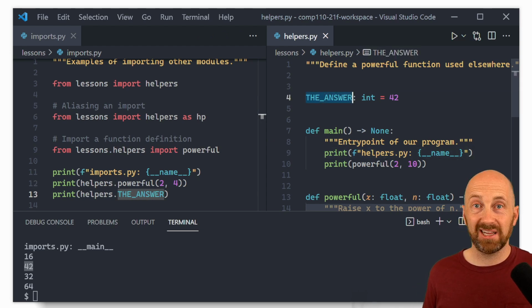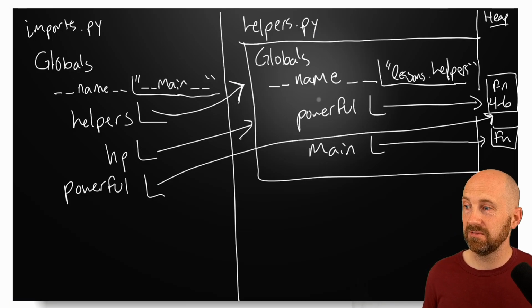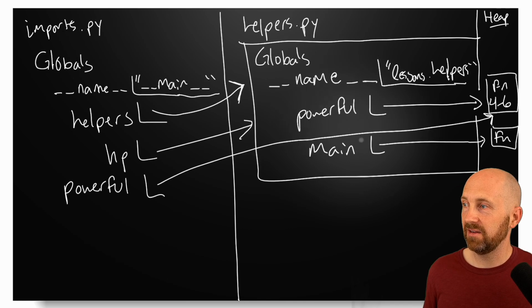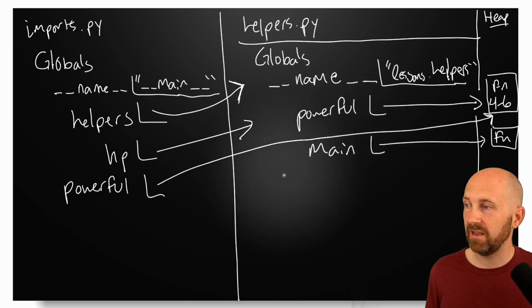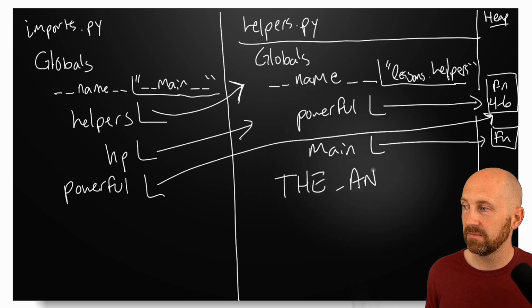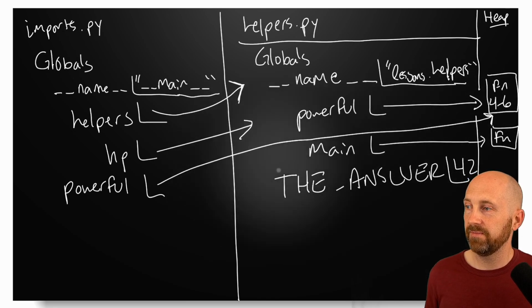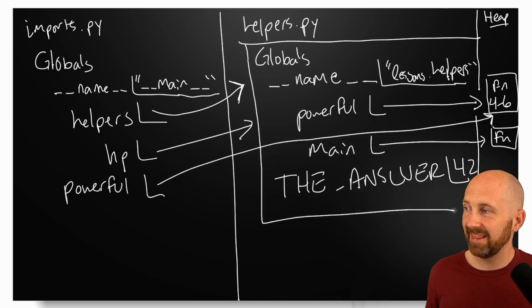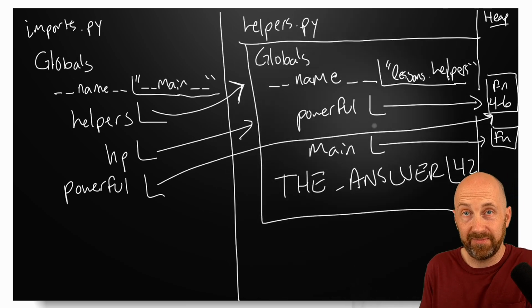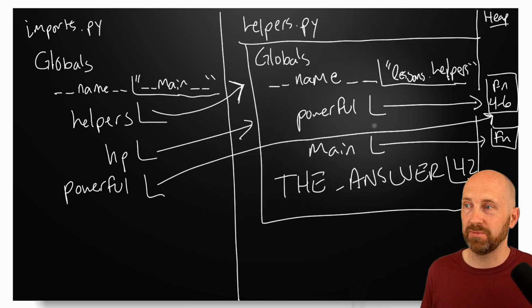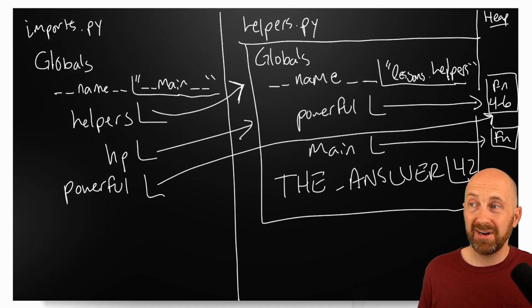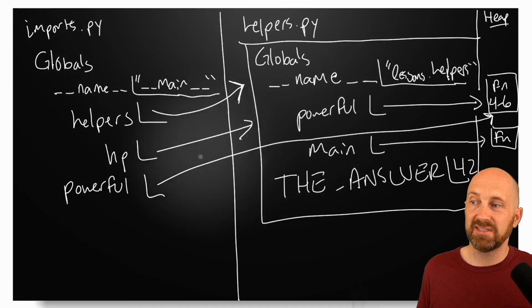And because this was declared at the global level in this module, when we went and evaluated that module, what would have happened in memory is there would have been a constant over here, the answer to life, the universe, and everything, is 42, right? And so because we declared that as a global name in our helpers module, over from our imports module, we could access it just the same.